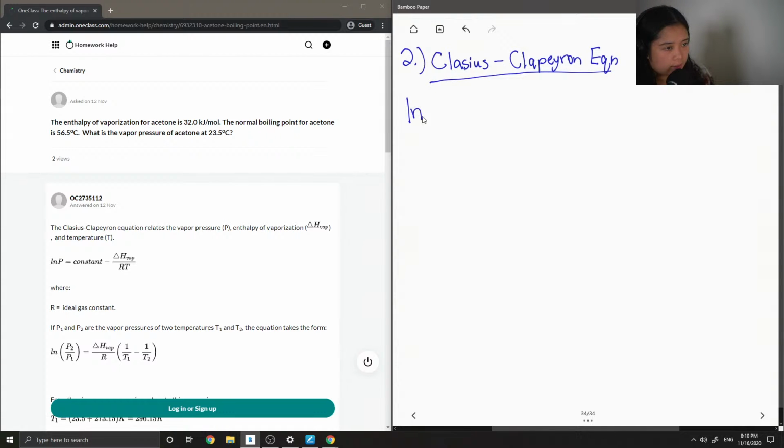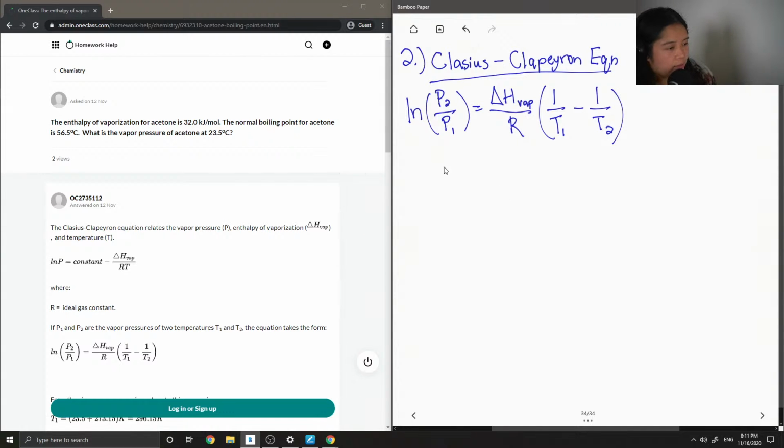Basically, it can be summed up as ln of P2 over P1 is equal to the delta H of vaporization over R, which is multiplied by 1 over T1 minus 1 over T2.